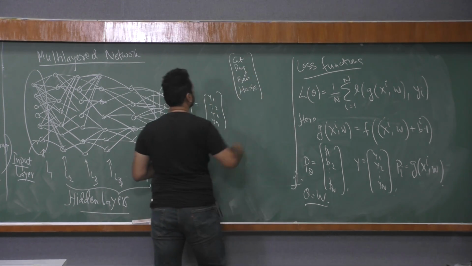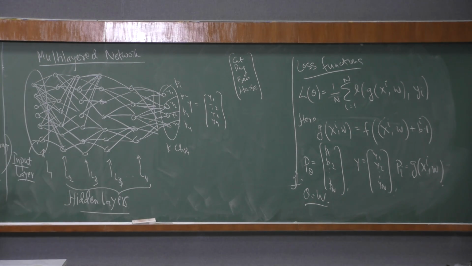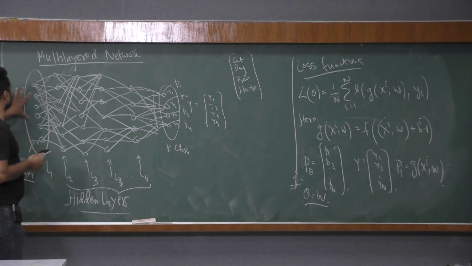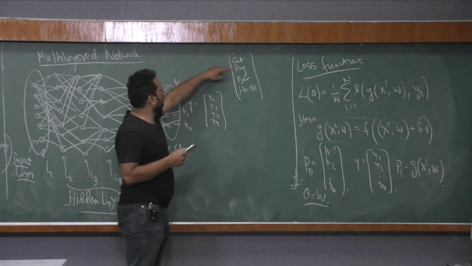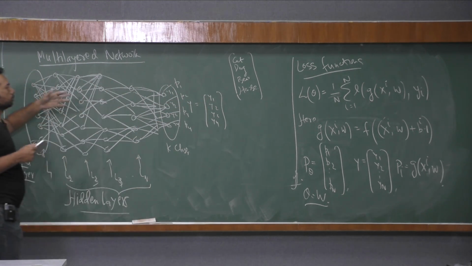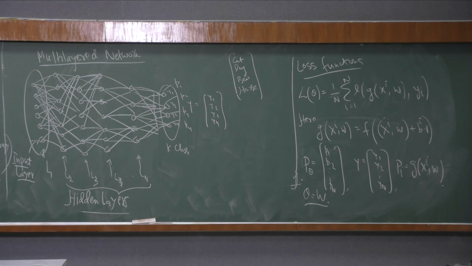These are the possible classes I am looking for, and cat is at position number 1. So if my image really had a cat, then the ideal output would be 1, 0, 0, 0. So basically with 100% probability, I have 1 at the cat position and 0 elsewhere.